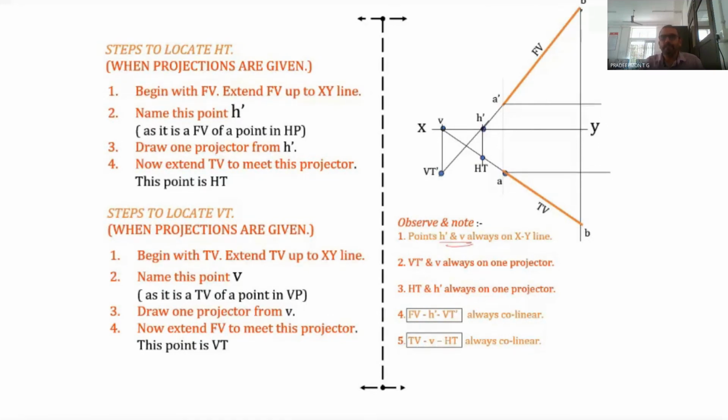If you understand these 5 concepts, it will be easier for you to solve the problems in which the line is inclined to both HP as well as VP. So this, as I said, is a figure of importance. So let's see it when we draw the projections of lines inclined to both HP as well as VP.